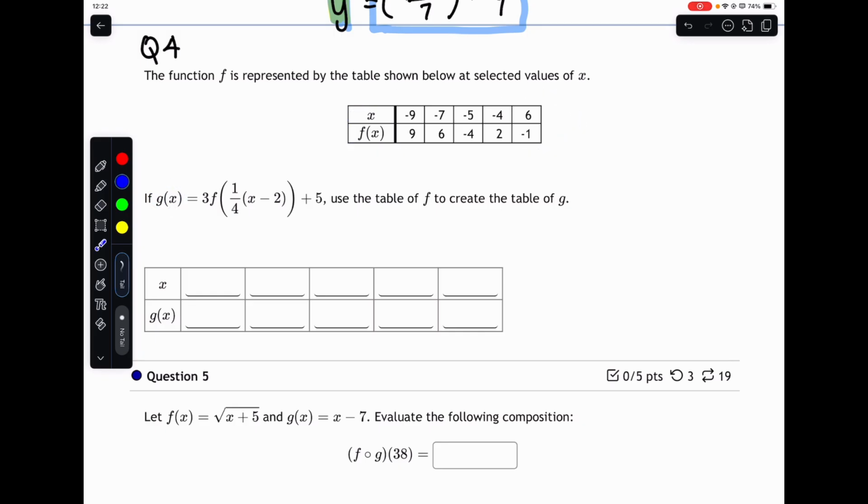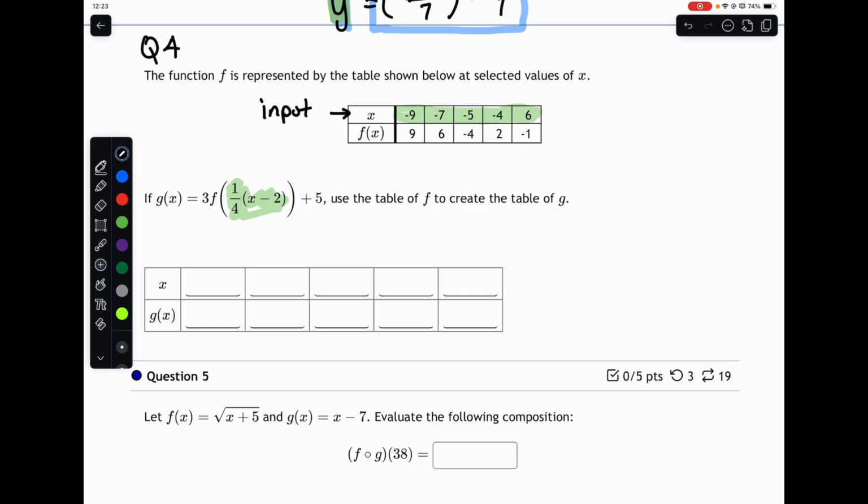Now, recall that since the x values, your input values, are going to be changed by what's inside the parentheses, these numbers that I'm going to highlight in green are going to be affected by these operations here. Like I mentioned in our notes for this section, our input values are affected by the inverse operation of our notation.